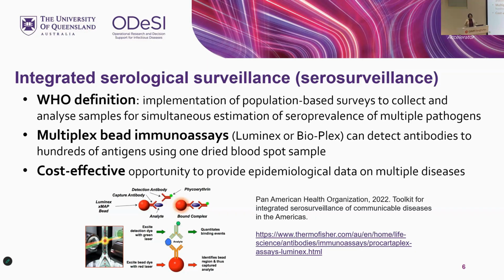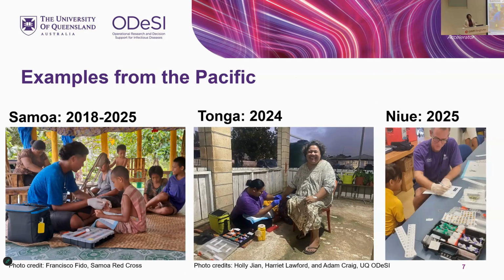So you can imagine this could potentially be a very cost-effective way of generating very detailed epidemiological data for multiple diseases. And for countries that have challenges with resources and human resources as well, this is quite an attractive option.